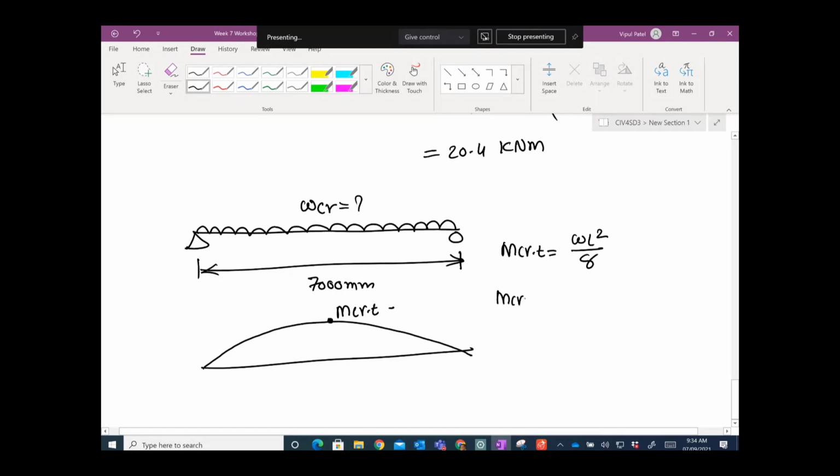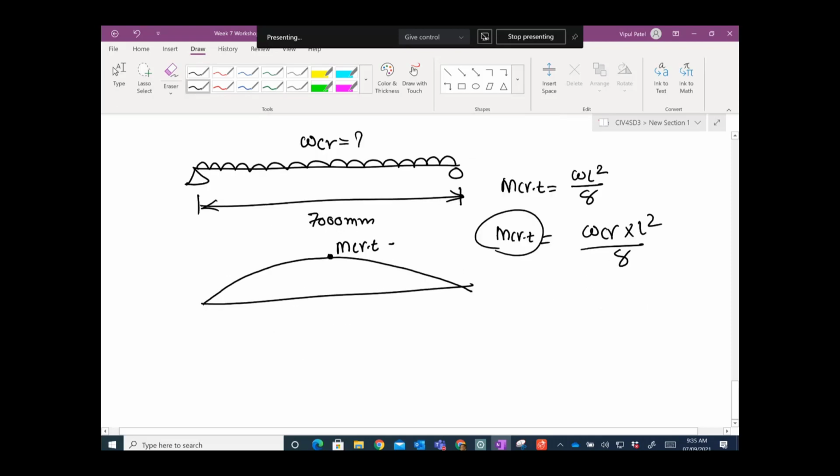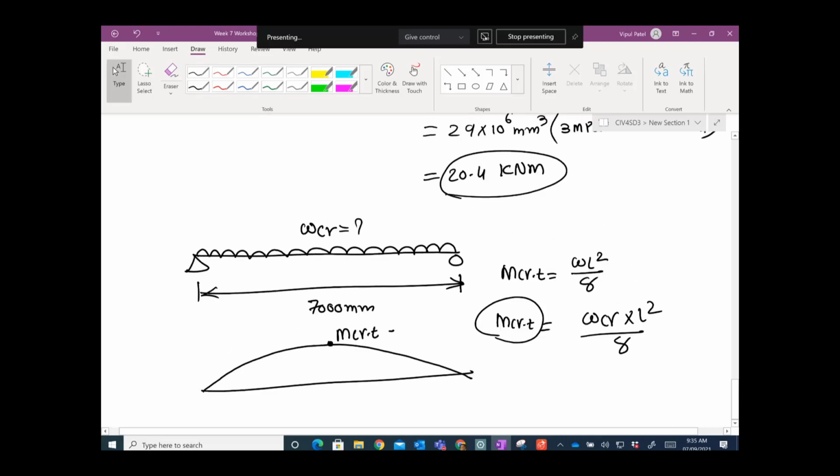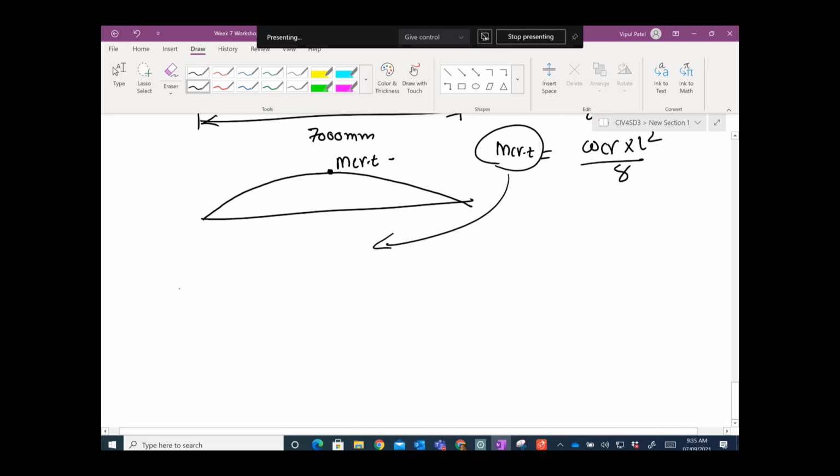So M crack T is equal to W crack times L square on 8. Now this M crack T is this 20.4. Let's write it down here: 20.4 times 1000 to convert into Newton, so we have Newton millimeters, equal to W crack times length, 7000 squared because it's given here, over 8.